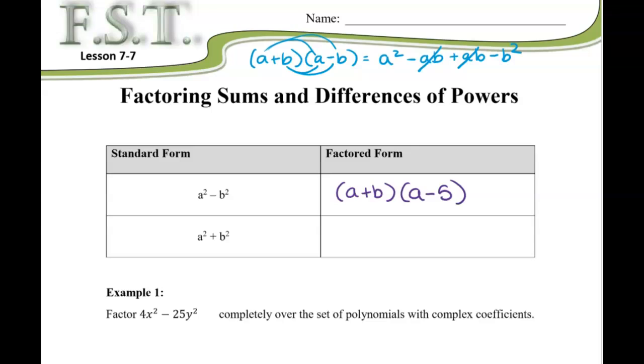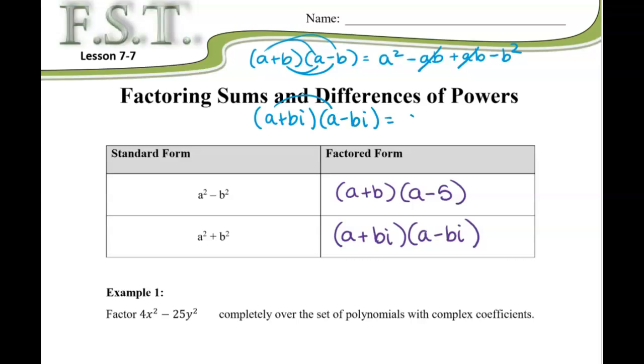When you have a squared plus b squared, we talked about this a little bit in two days ago's lesson, the complex numbers lesson. A squared plus b squared factors into a plus bi times a minus bi. Let's multiply that out and prove it to ourselves again. A plus bi, a minus bi.